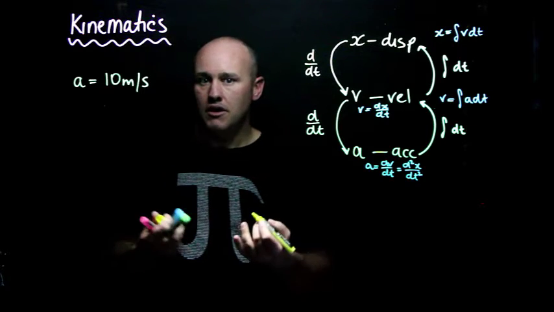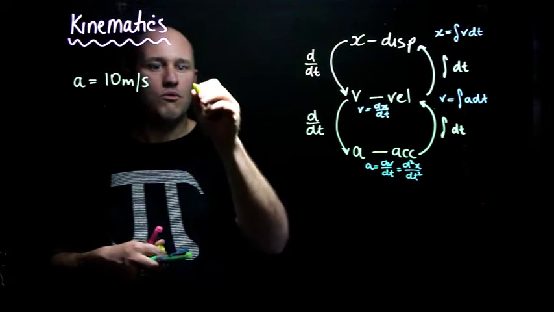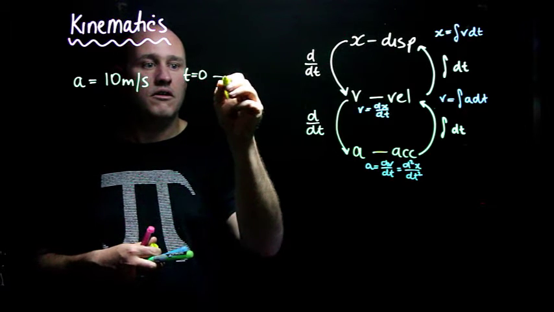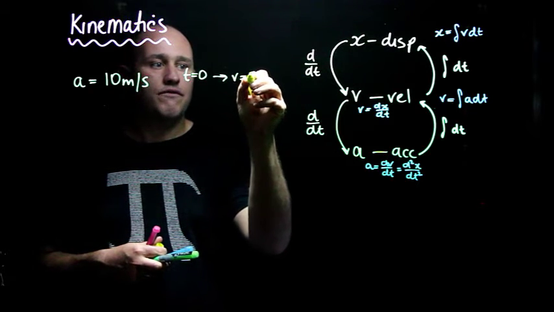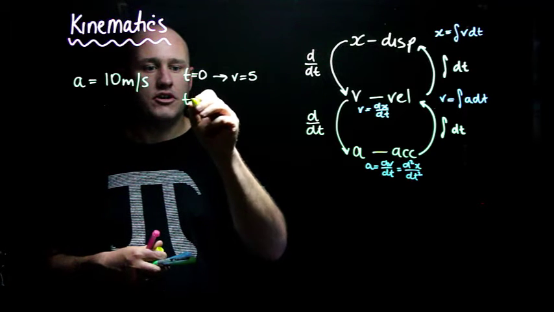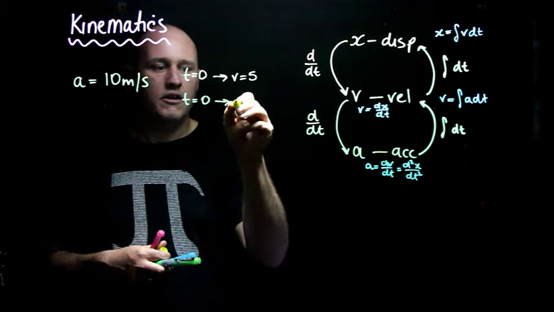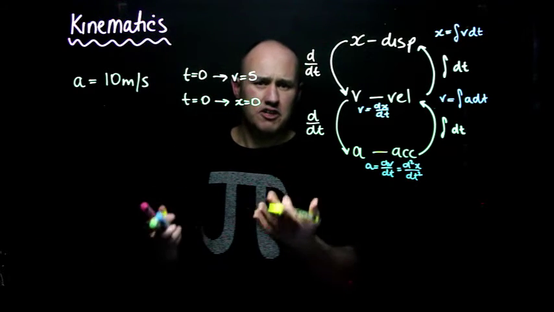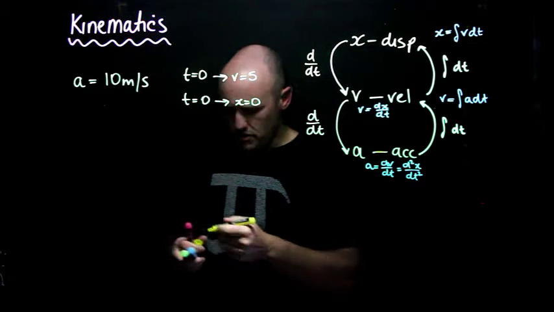So initially means time equals 0, velocity equals 5, and time equals 0, x equals 0. And let's say we want to find the displacement model for this function.